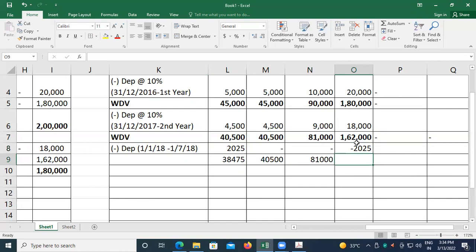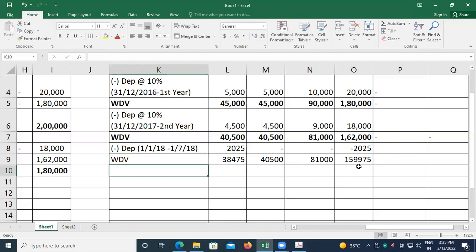So 1,62,000 minus 2025, if you calculate it in the calculator, it will come 1,59,975. So this is the cost, nothing but the written down value.